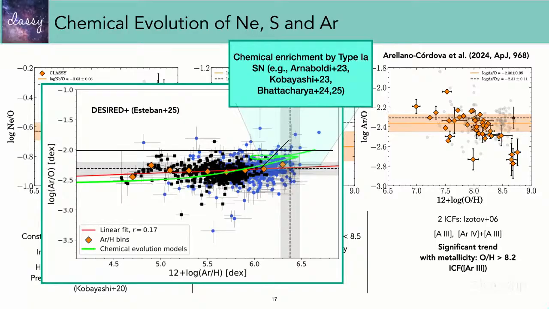And you see, with the chemical evolution models, that there is an increase in argon overall, and they also attribute that to Type Ia supernovae. However, I think it is the opposite. But we still need to know what really happened and why we have this deficit of argon at higher metallicity.